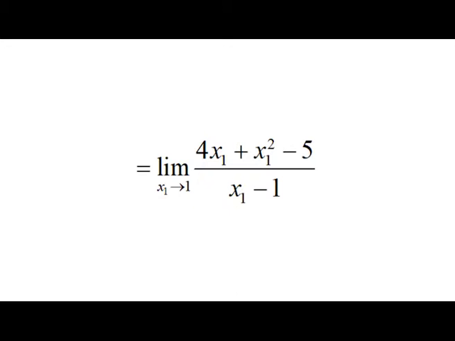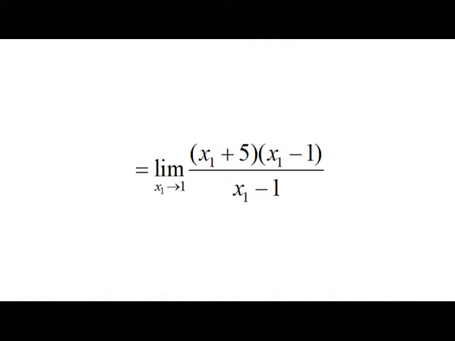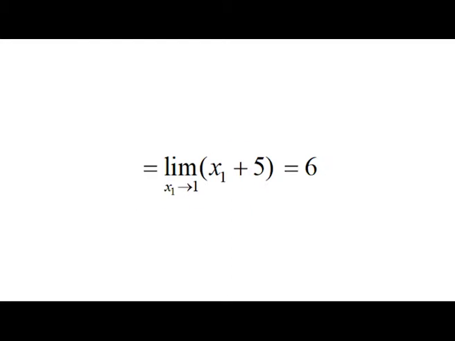Here the limits of the numerator and the denominator are 0, which is equal to limit of x1 plus 5 into x1 minus 1 upon x1 minus 1 as x1 approaches 1 by identifying common factors, which is equal to limit of x1 plus 5 as x1 approaches 1 by cancelling common factors, which is equal to 6.